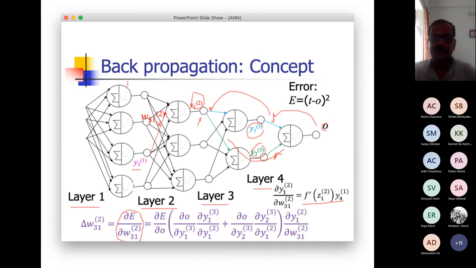So this is delta Y12 to delta W31. So it means it should be, no, it should be Y31.